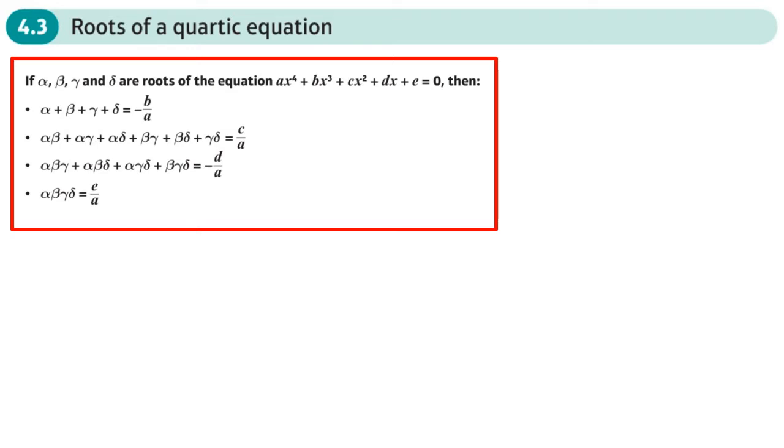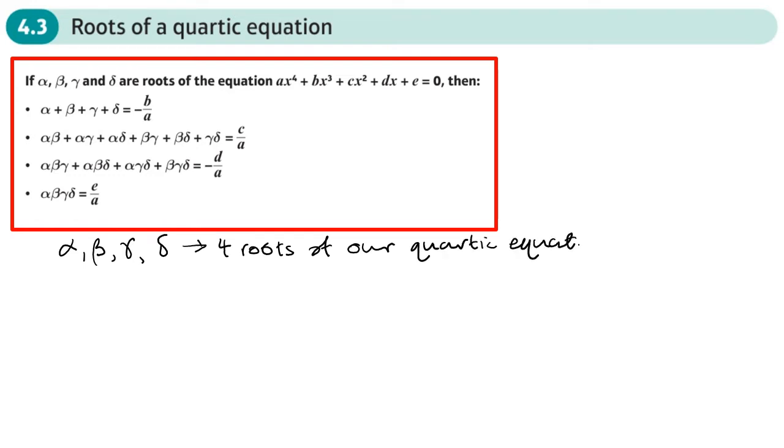The roots are going to be alpha, beta, gamma and delta, the first four letters of the Greek alphabet. So these are our four roots of our quartic equation, which means it basically goes up to power 4.